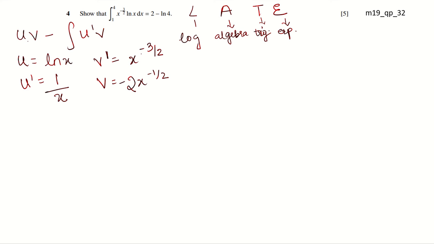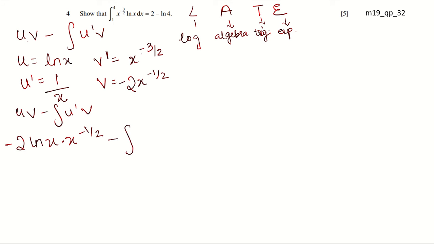Right now, I'm going to write the formula again because I'm going to follow it. So uv: this is u, this is our v, so I'm going to multiply that. So minus 2 ln x multiplied by x to the power of minus 1 by 2, this is just multiplication, minus integral.